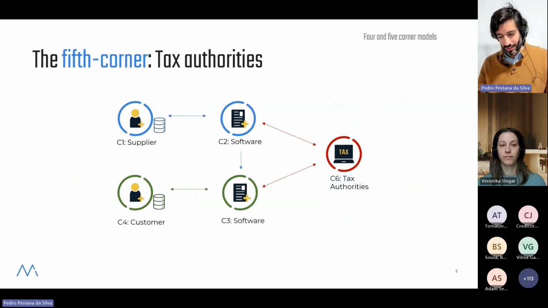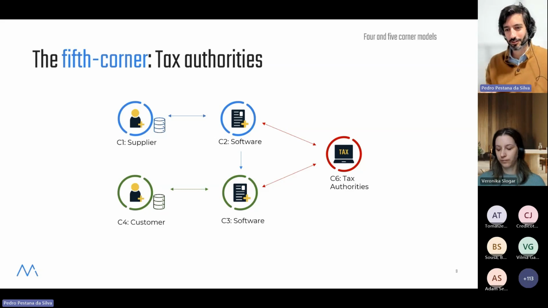Now, we looked at all this data that is being produced automatically in a structured way, that is being captured also automatically and is capable of being extracted automatically. So all this would be too tempting for the tax authorities to look away.